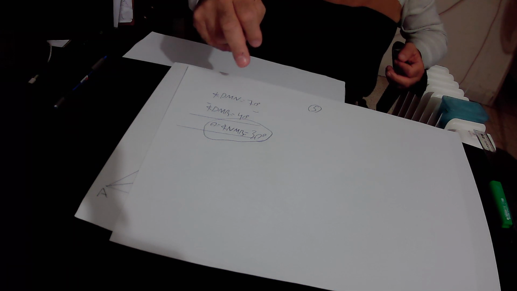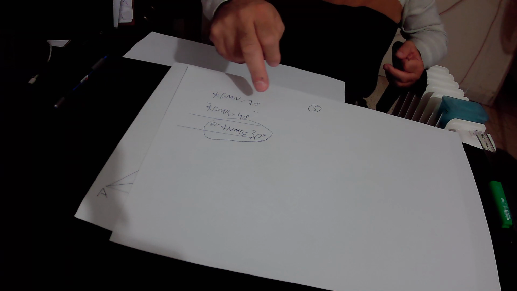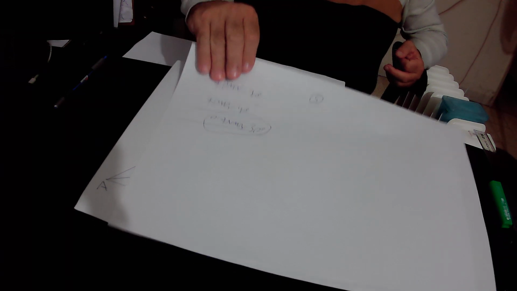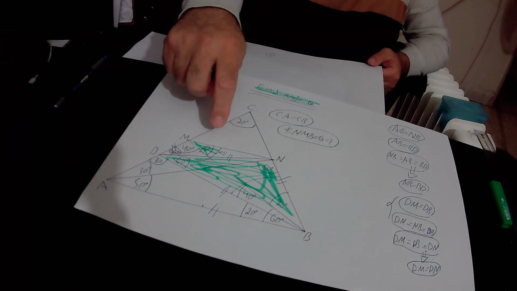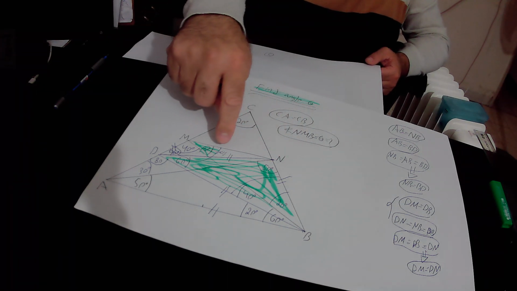So I found out that the missing angle, angle theta, also defined as angle NMB, equals 30 degrees in its size.